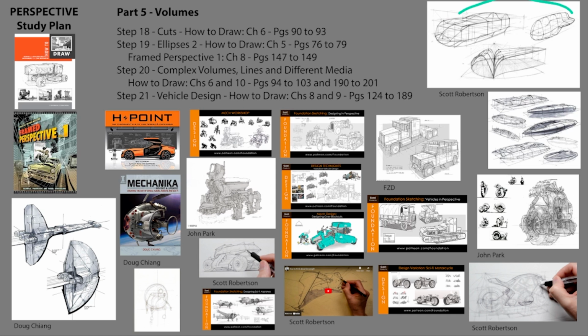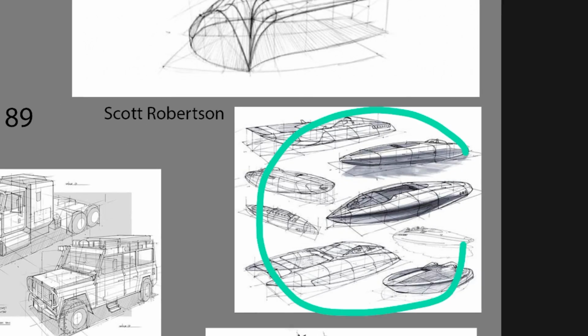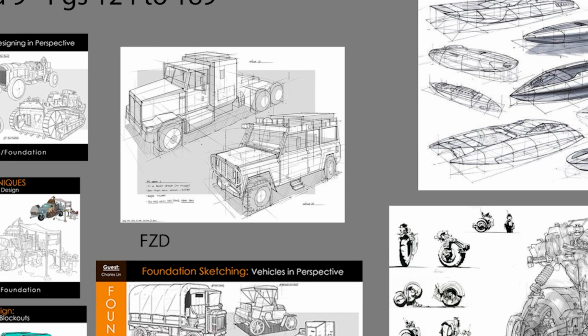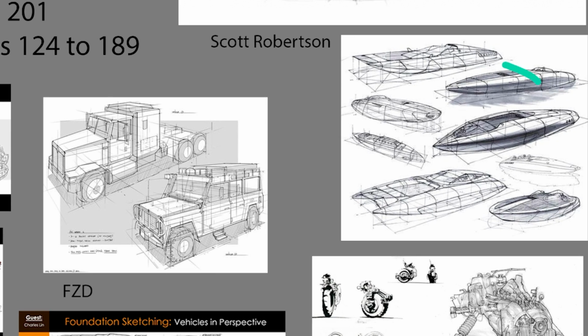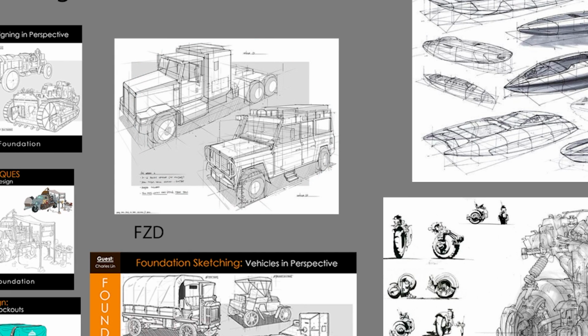So getting more complex with your volumes, simple boats or submarines will be an easier first step into this part. Then harder and more complex cars and different vehicles. The rounder they are, the harder they are. So getting to draw more squared cars will be really helpful in the beginning.